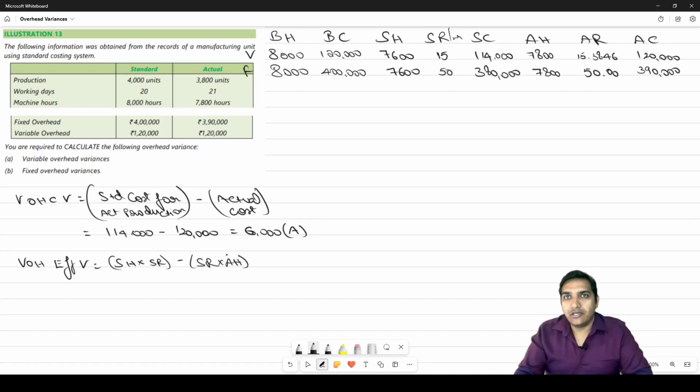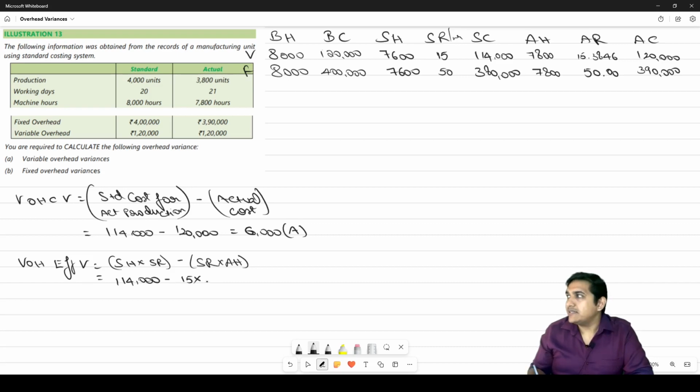Standard hours into standard rate is nothing but my standard cost. I can straight away take that. Minus standard rate, 15, into actual hours, 7,800.